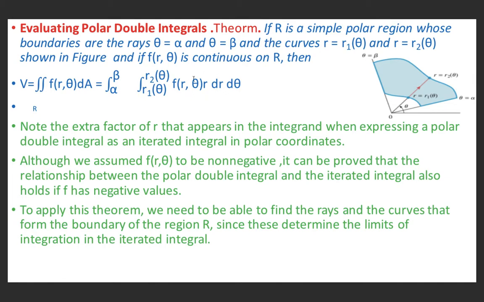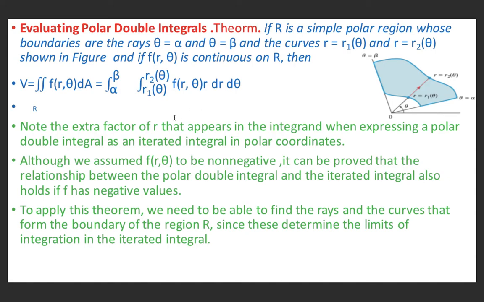First we integrate with respect to r between the limits r1(theta) and r2(theta), then with respect to theta between the limits alpha and beta. Notice that the extra factor r appears in the case of polar double integrals.